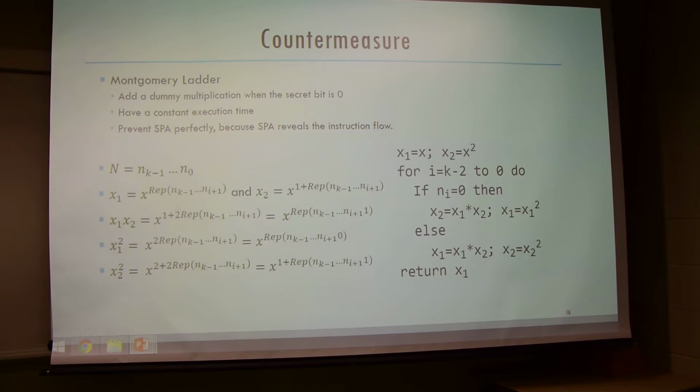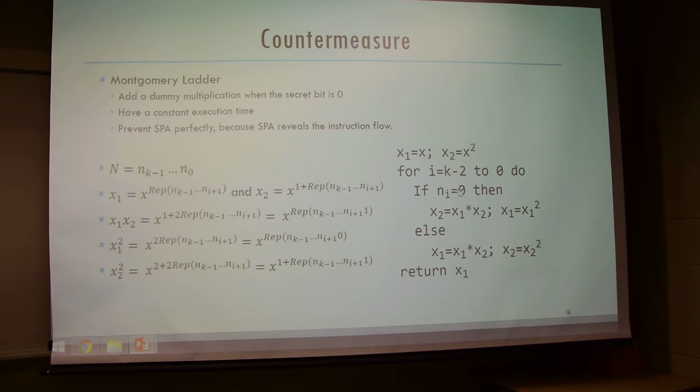And if this condition holds, then let's check x1 and x2. What's the value of x1 and x2? Which would be this. Then it is also equal to this, which means that you add 1 into the last bit. That's why here, if the key bit is 1, your x1 will be x1 times x2, right? Because eventually you need to return x1, so x1 always has the correct result.